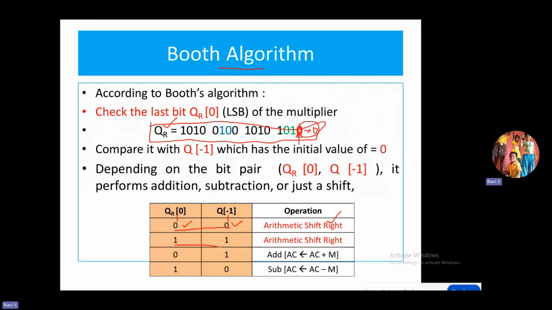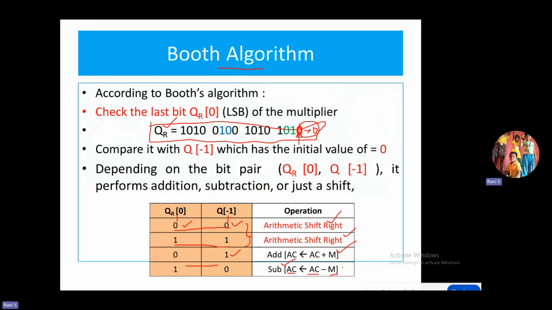Similarly, 1, 1 also tells us that only arithmetic shift right is performed. Other than these two combinations, if it is 0, 1 we perform addition, followed by arithmetic shift right. If it is 1, 0, we perform subtraction, meaning accumulator value minus multiplicand, with the result stored into the accumulator, followed again by arithmetic shift right.